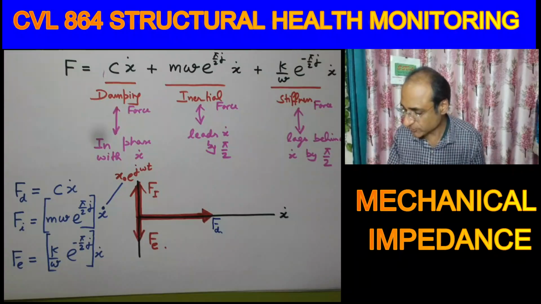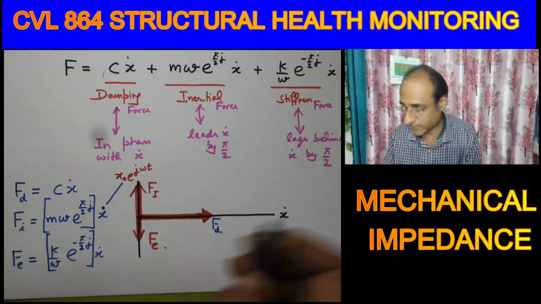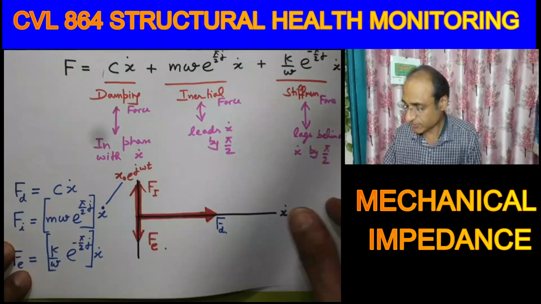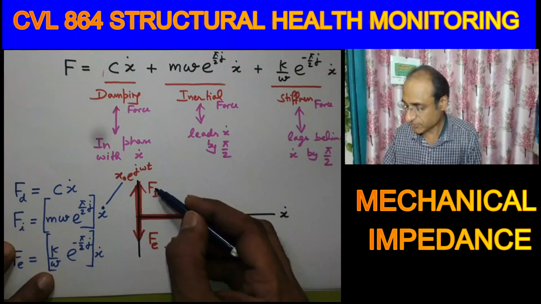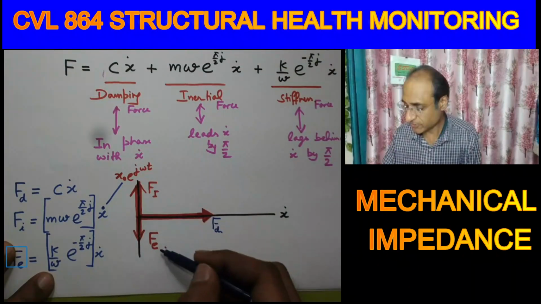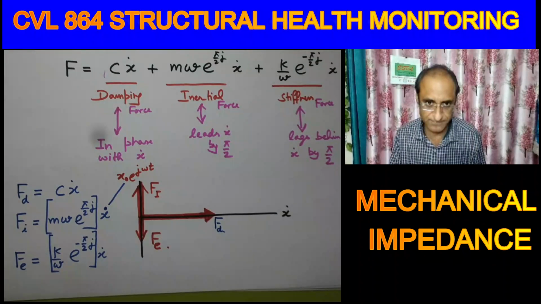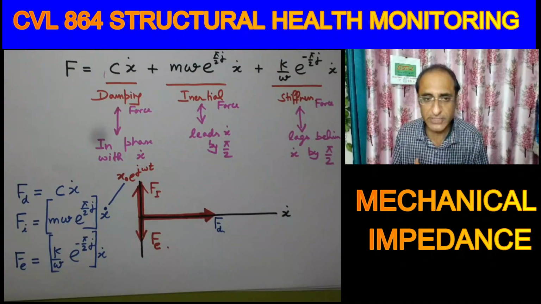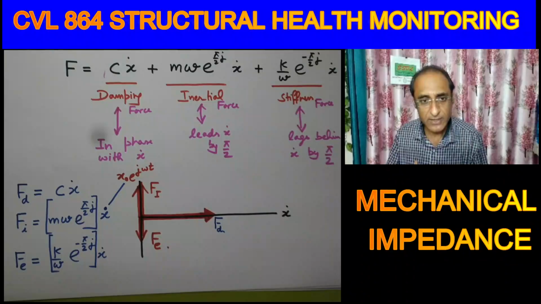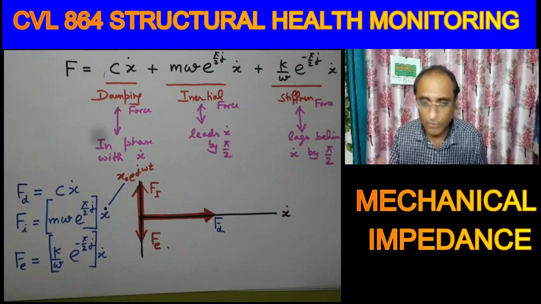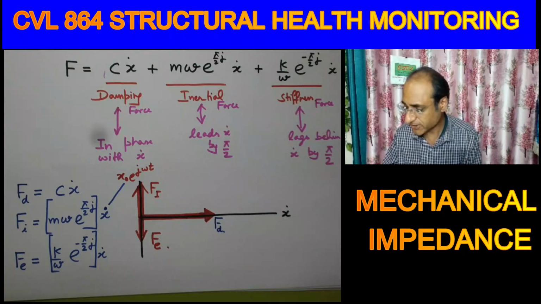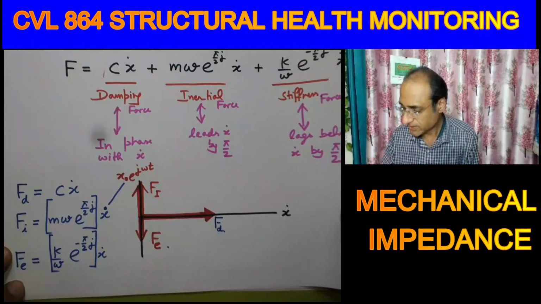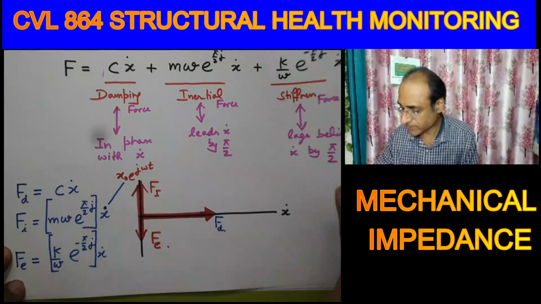So now we can do algebraic manipulation. The inertial force and the elastic force are always opposing in nature. So they will tend to counterbalance each other. So we can draw the resultant force. I can redraw this phasor like this.